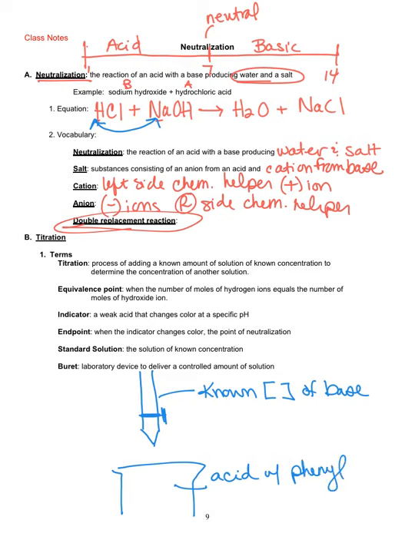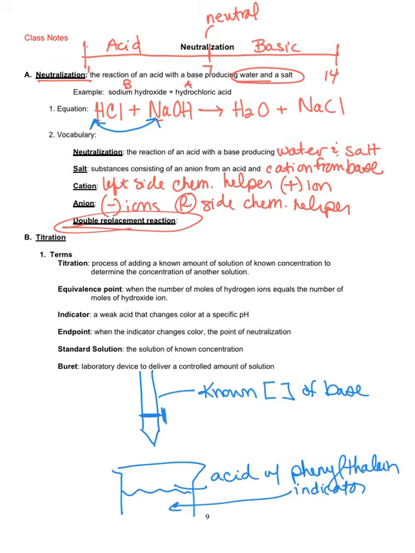That's the stuff that once it becomes basic, it would turn pink. Phenolphthalein, something like that. Inside this beaker, we have acid, and then we put some of this indicator in there as well. It's usually clear until we have enough basic stuff added.